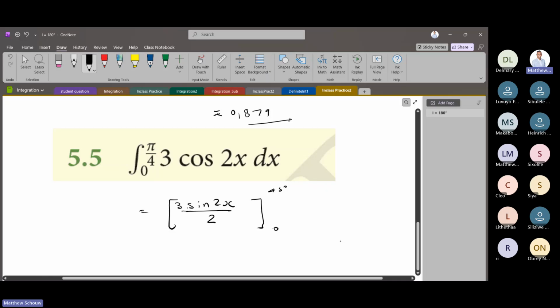So let me just quickly do this one. Sine 90 basically, minus 3 sine 0.